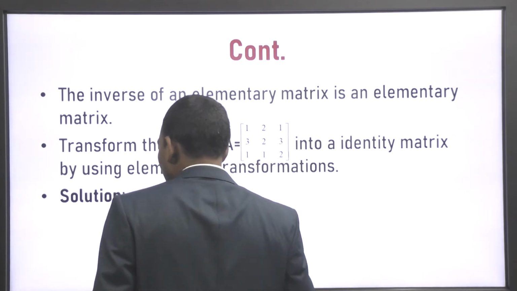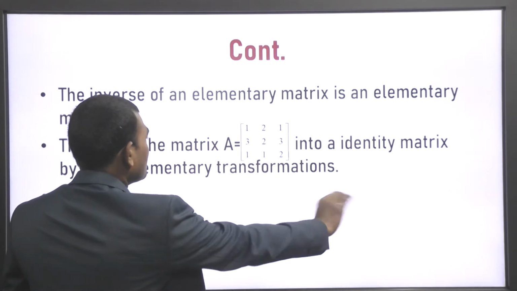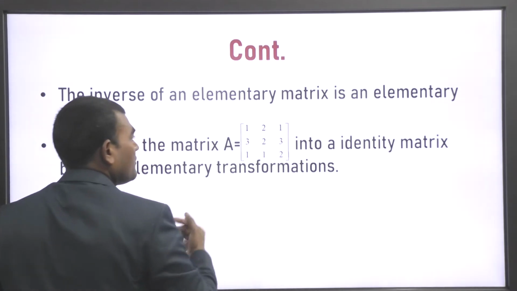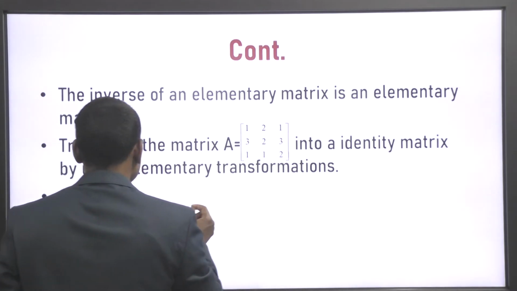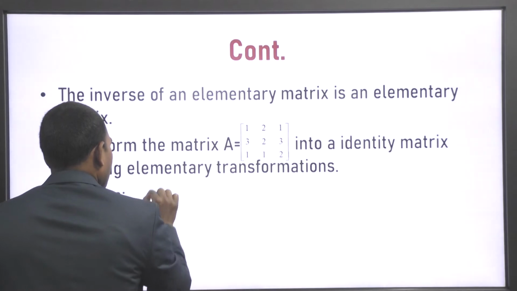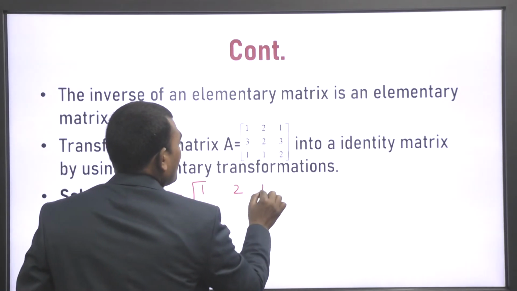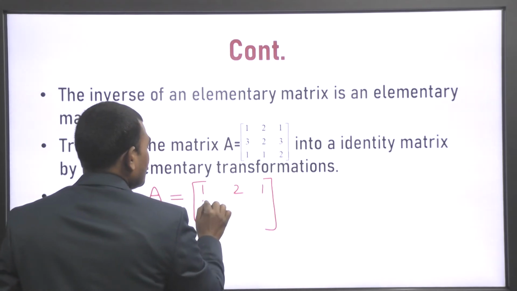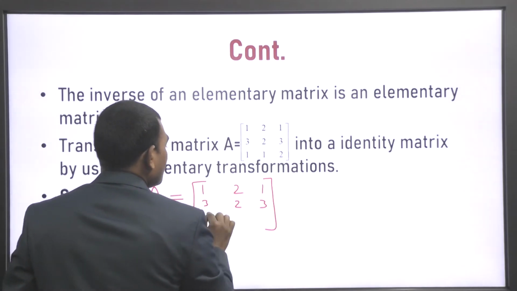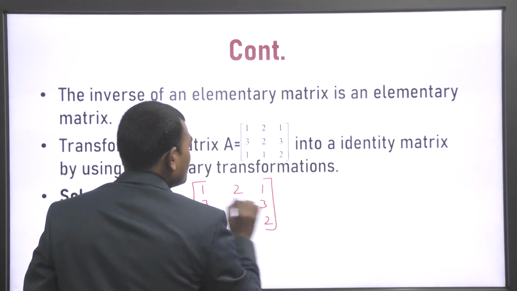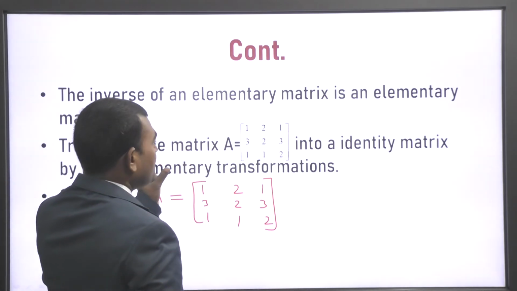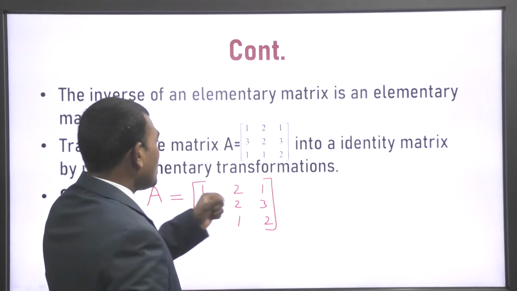Let us see the solution, because if we do it then we will understand much better. A is given, A is equal to the matrix 1 2 1, 3 2 3, 1 1 2. So the problem is that we will change it into an identity matrix.